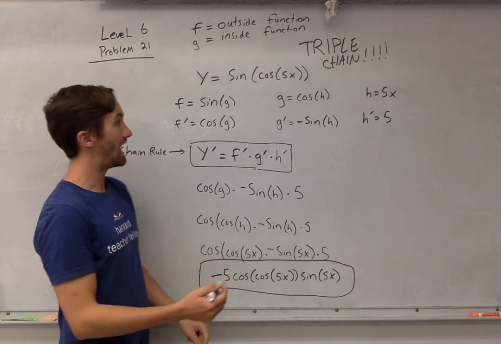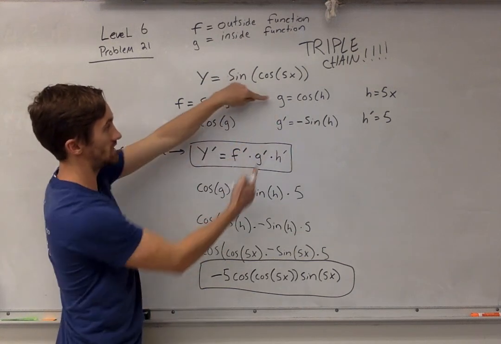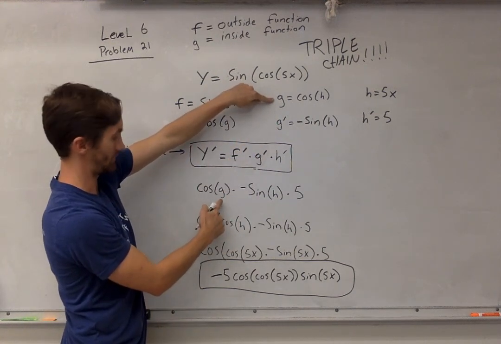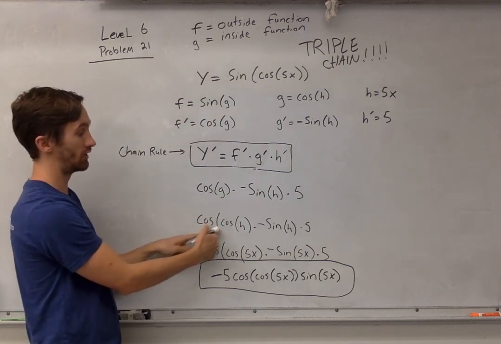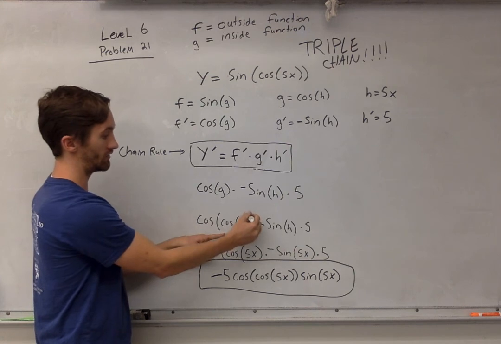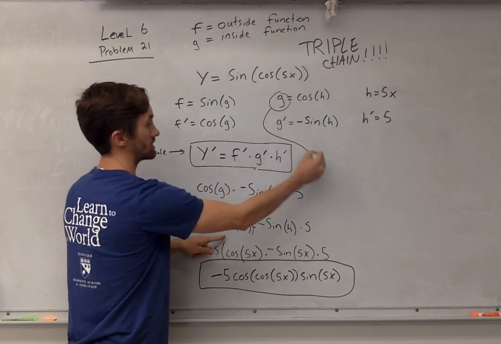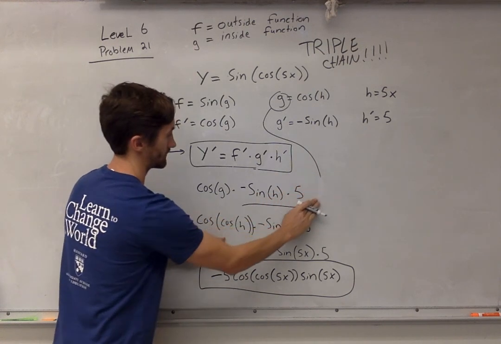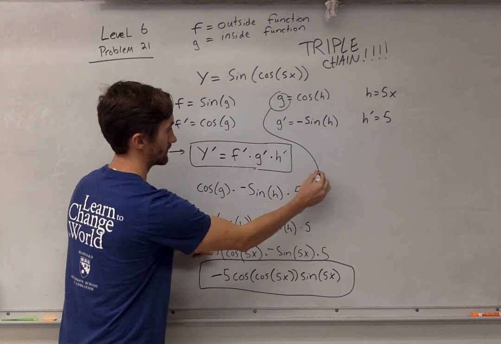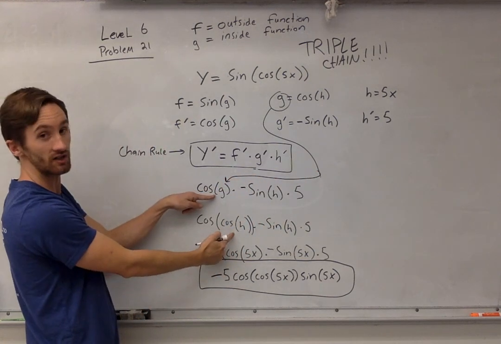And then I'm going to kind of just go one step at a time here. I'm going to take my g and plug it back in. And so then I'm going to have cosine of h. Right? I just took that g and plugged it back in right there, cosine h.